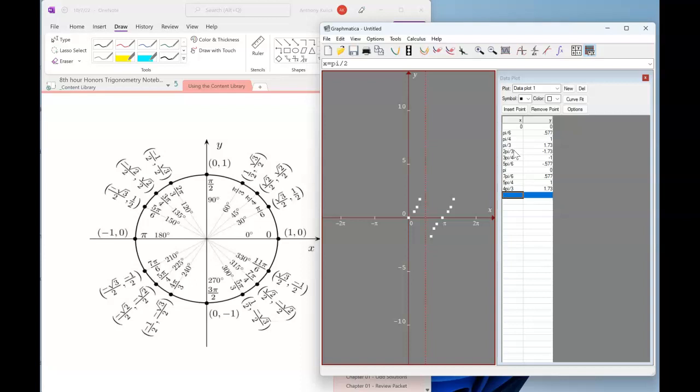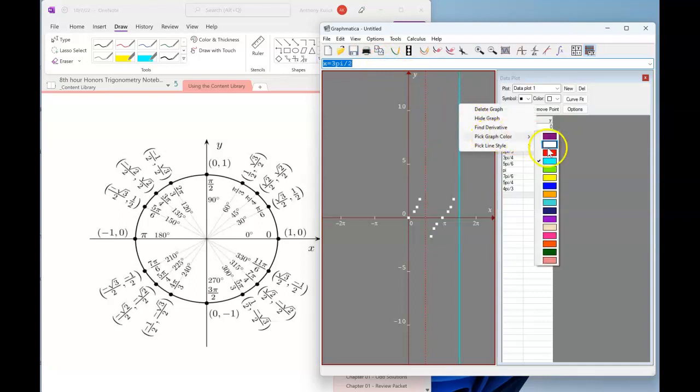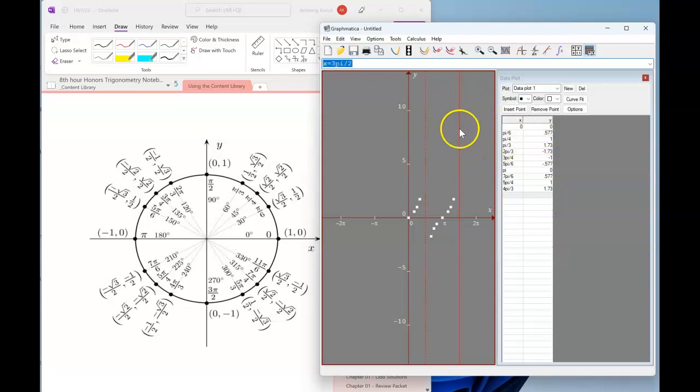And then when I get to 3 pi over 2, I'm going to get another vertical asymptote, right? Let's make that red again, just like the other one, and dashed.